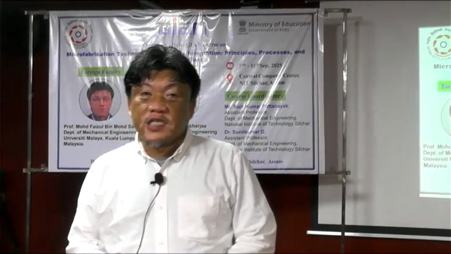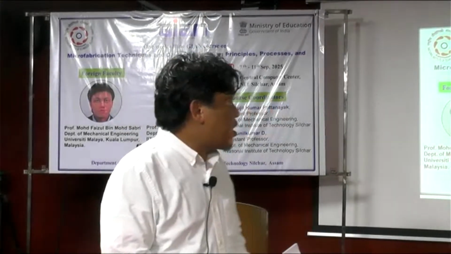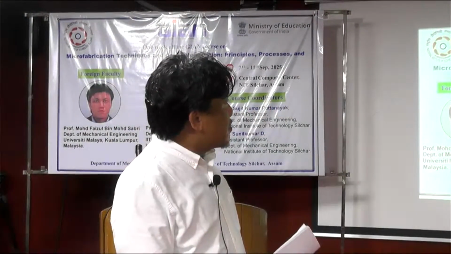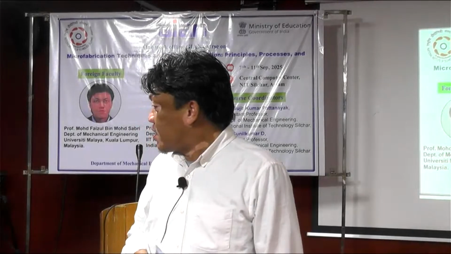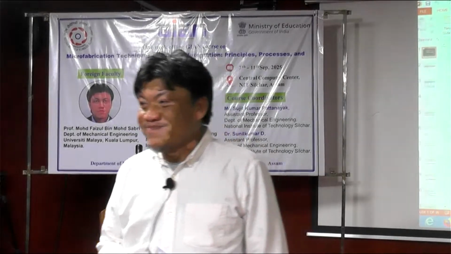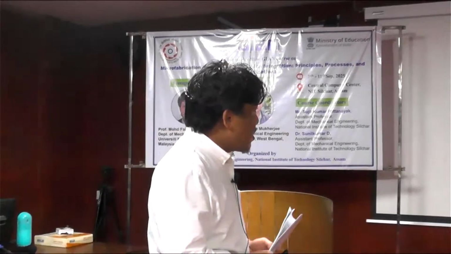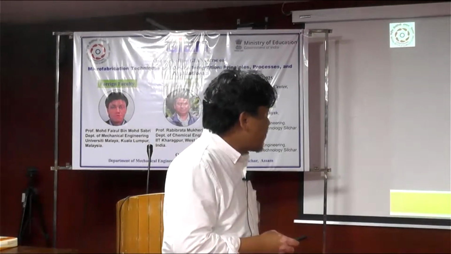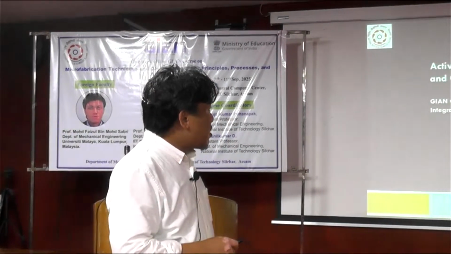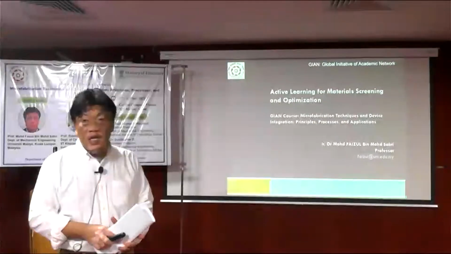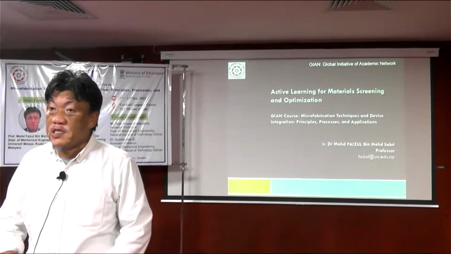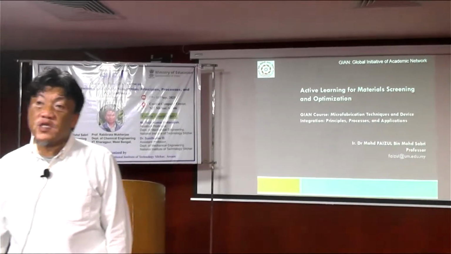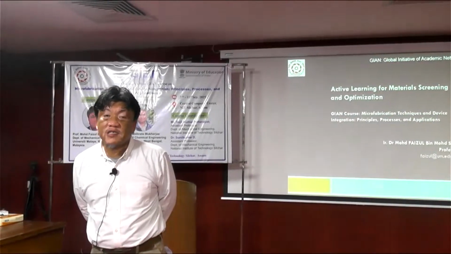And today we have lecture number 12 on the topic of active learning for material screening and optimization. Active learning is a relatively new approach to material optimization and screening.